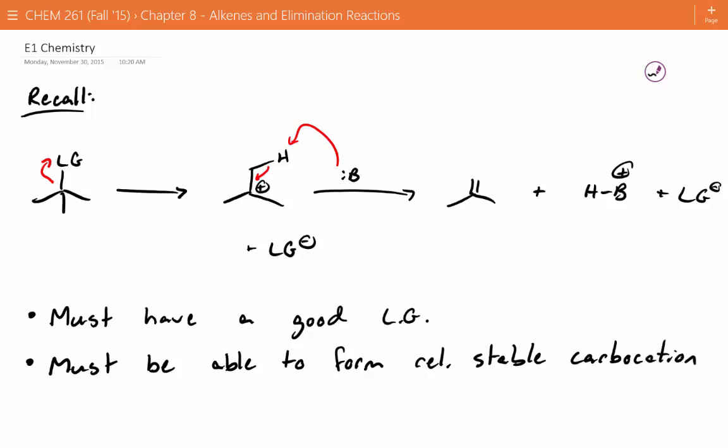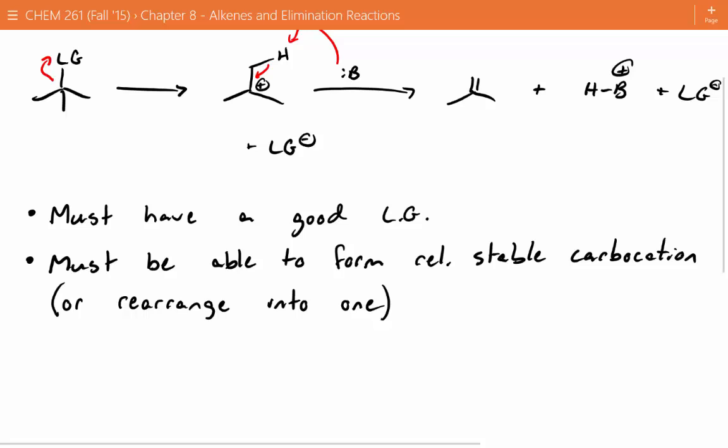Will we observe this with a primary carbon? No, not unless there's a rearrangement opportunity available. So in this case, it must be able to form a relatively stable carbocation or rearrange into one. In this case, it won't work really ever with the primary carbon.